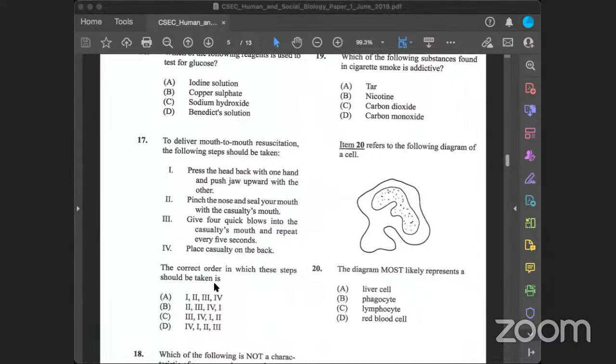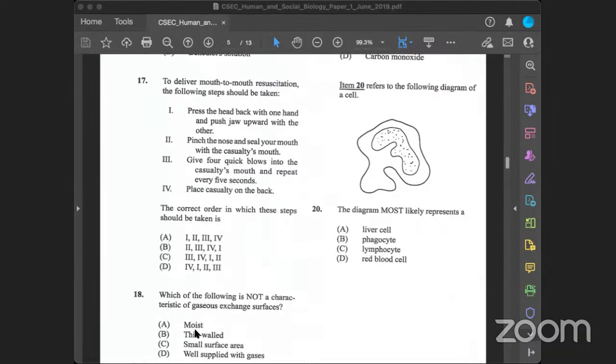Was it D? Can I trust you that answer is correct, or do I have to read through that? Put the person on the back, press the head back with one hand and push. Okay. Pinch your nostrils, give a breath. Good. All right, good.